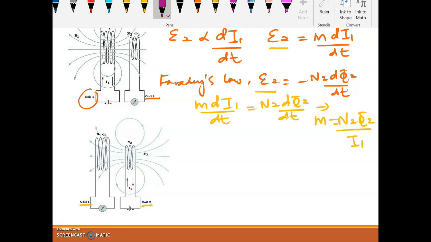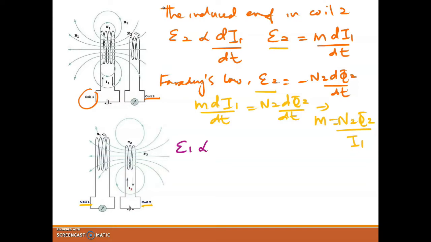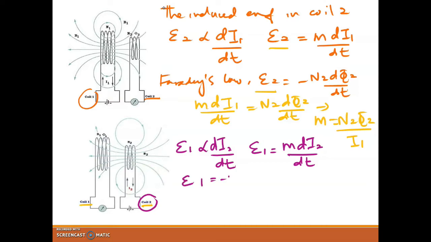And then we have this one directly proportional to the rate of change of current in coil number 2. So we have EMF1 is equal to M dI2 over dt. So then, according to Faraday's law, the EMF induced in coil number 1, E1, is equal to negative N1 dΦ1 over dt.